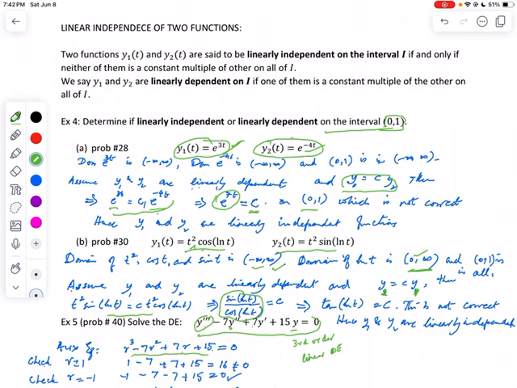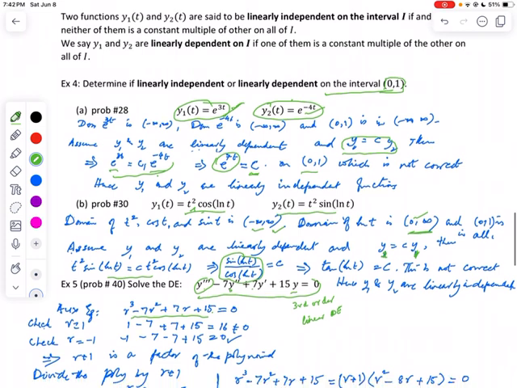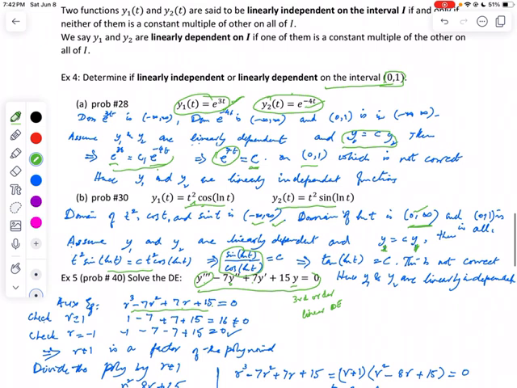Now this is a cubic equation, and we don't have a formula for a cubic like we have for a quadratic, so we have to do basically guesswork. We have to find one root by guess and check.